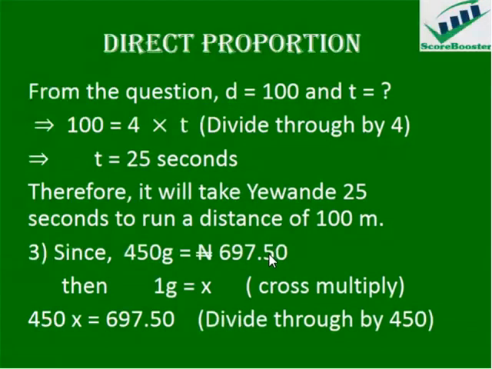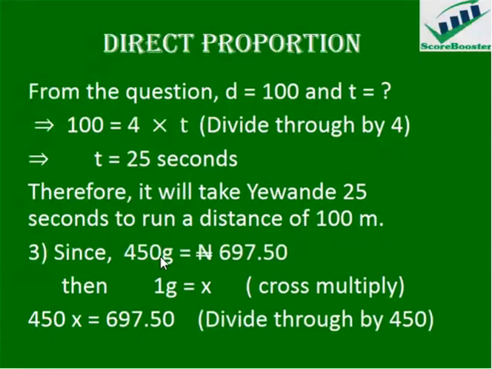So the first thing we do, we cannot just convert 450 grams to 1 kilogram. We'll first look for how much they sell 1 gram of mushroom. And you know that it would be very easy for us to convert from 1 gram to 1 kilogram. So that is a direct conversion.